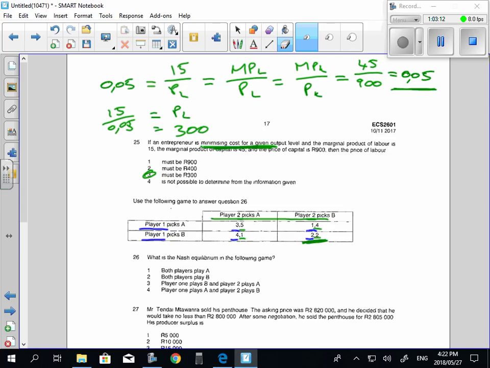Now, if you start at this point over here, where both of them are earning 2, and they are both picking option B, let's start with player 1. So we're sitting in this quadrant here.